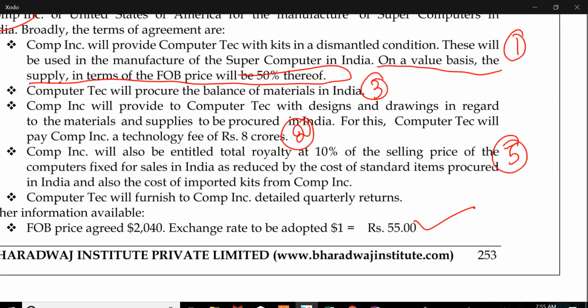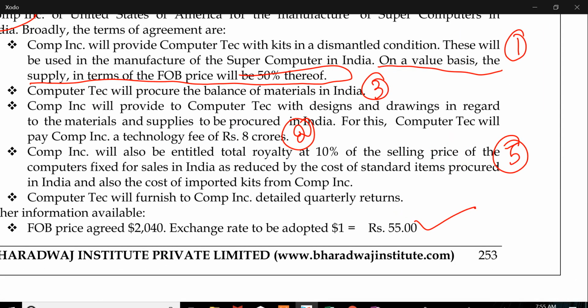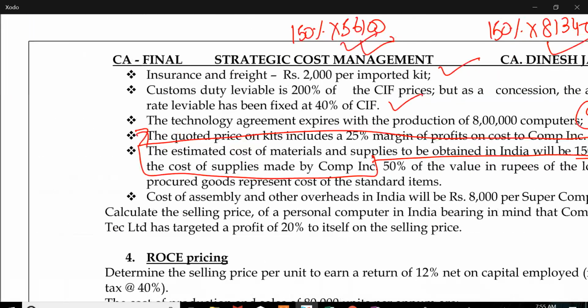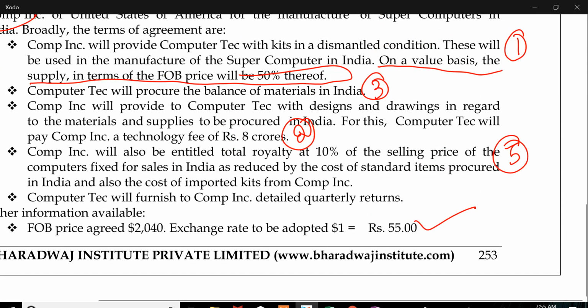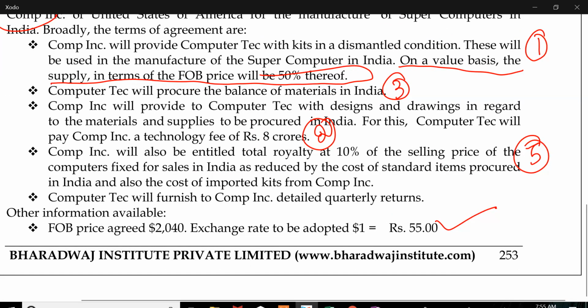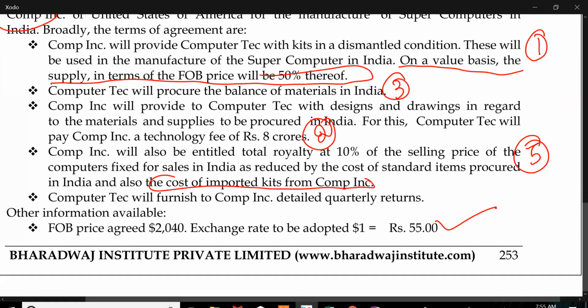What they have mentioned is 10% of the selling price as reduced by the cost of standard items procured in India. They have given standard items is equal to what? Something is mentioned in the question. 50% of the value in rupees of the locally procured goods represent cost of the standard items, and also the cost of imported kits from Comping.